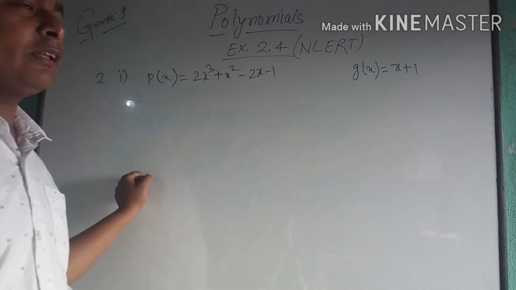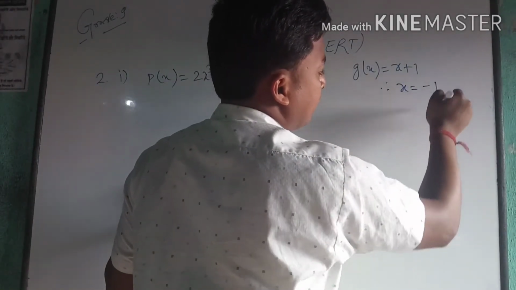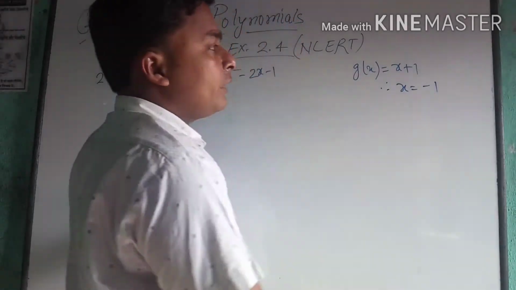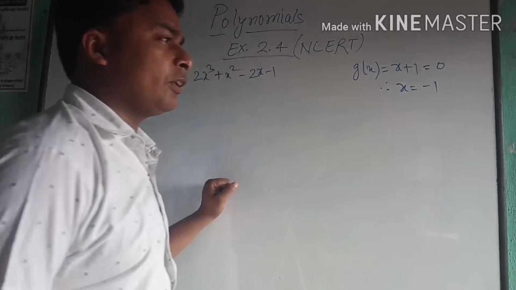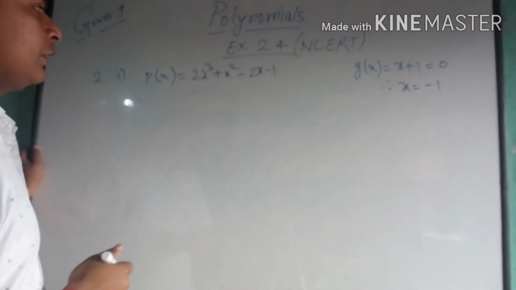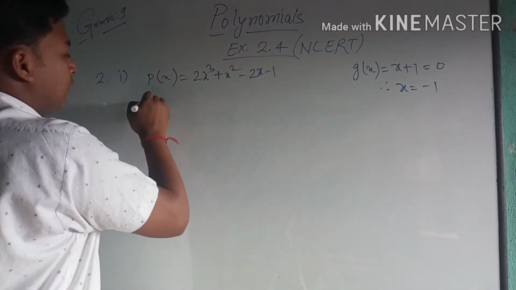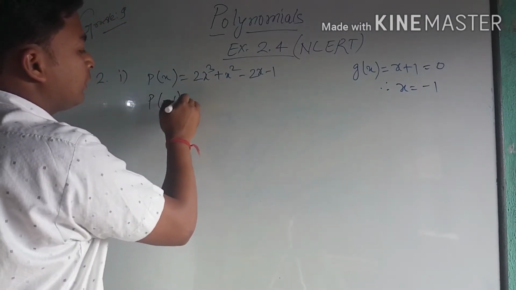Then we have learned in the remainder factor theorem that step 1 says we have to find the value of x. From here, when you equalize it with 0, you will get x equal to minus 1, and after that we will substitute the value of x in the given polynomial, and if the remainder is 0, then that is known as one of the factors of the given polynomial, and that is the factor theorem.